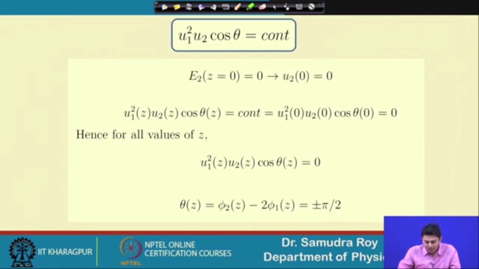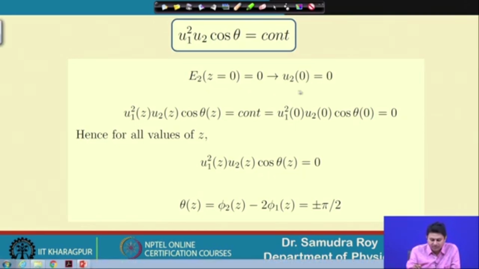Now, if I put some boundary condition, E2 at z equal to 0 is 0, because at the beginning there was no second harmonic. So, that means U2 at z equal to 0 has to be 0. When U2 at z equal to 0 is 0, that means U1(z) U2(z) cos theta equal to a constant, which is the same as all the terms at the 0 point.